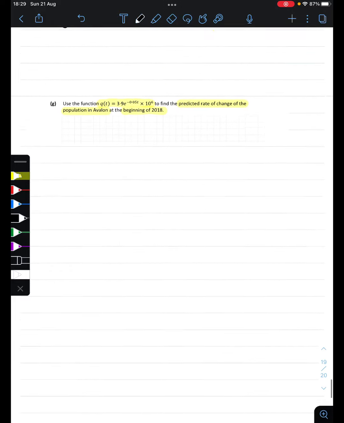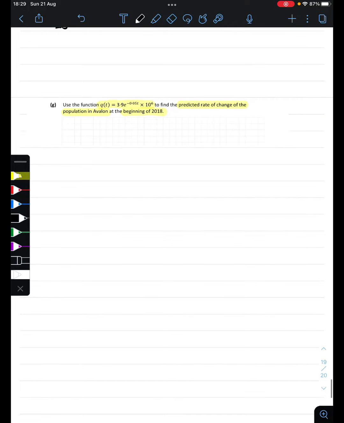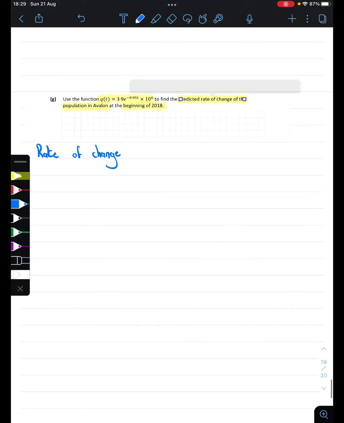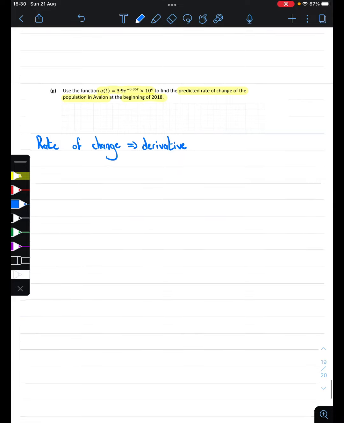Okay, so the predicted rate of change. So whenever you hear rate of change, you should immediately be thinking derivative. So we want to get the derivative, rate of change, and we're looking for the value of the derivative, the rate of change at the beginning of 2018, which is t equals 8.